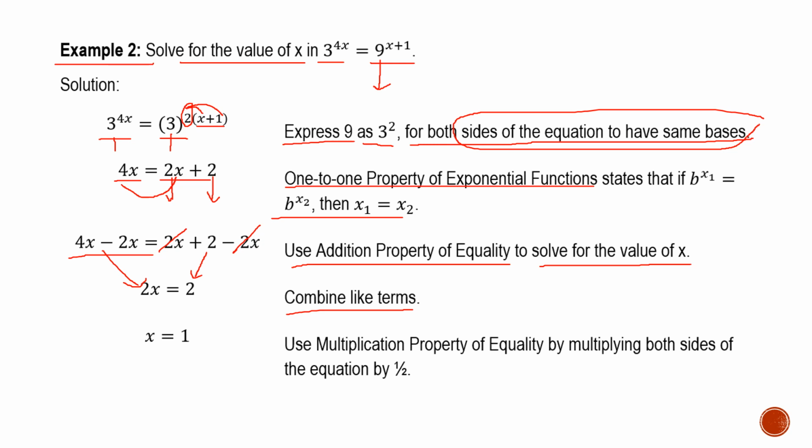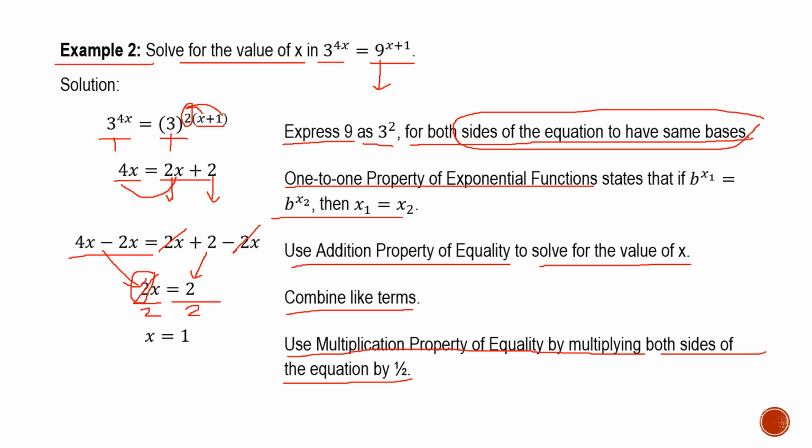Then use the multiplication property of equality by multiplying both sides of the equation by 1/2. Or we can divide both sides by 2 for us to cancel your numerical coefficient here in your left side of your equation. If we divide both sides by 2 or we multiply the entire equation by 1/2, it's the same result.